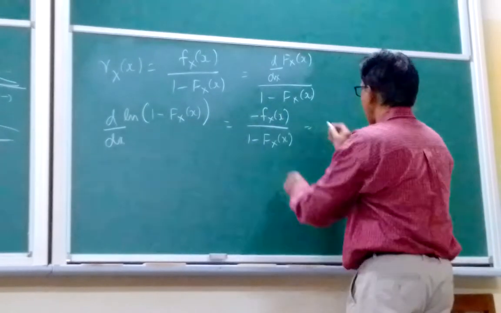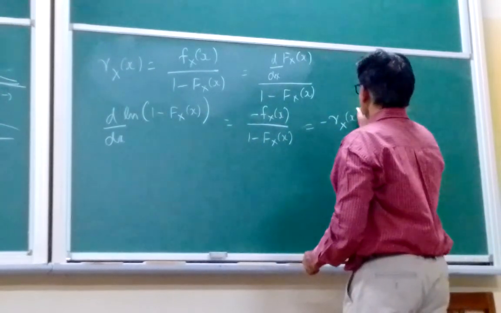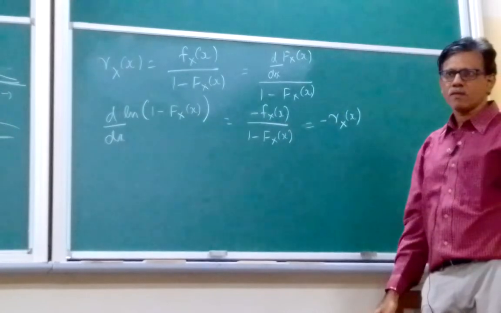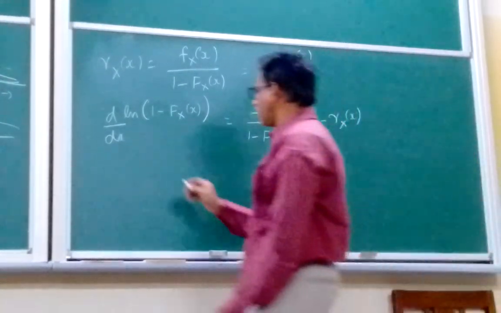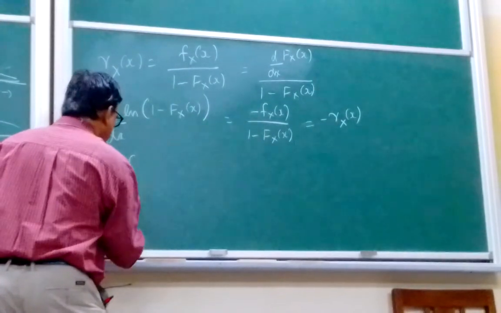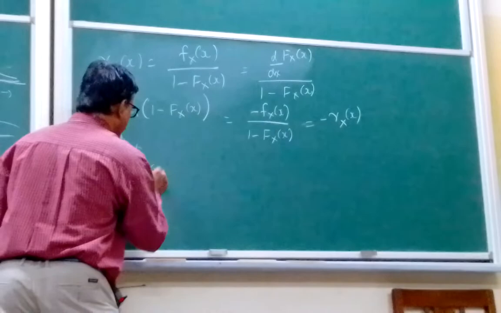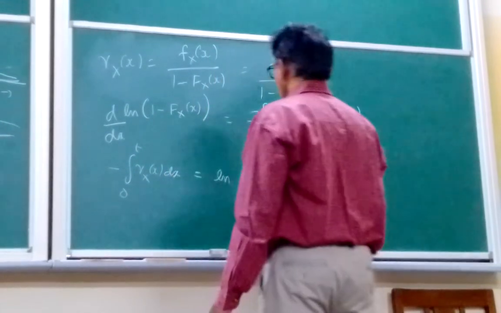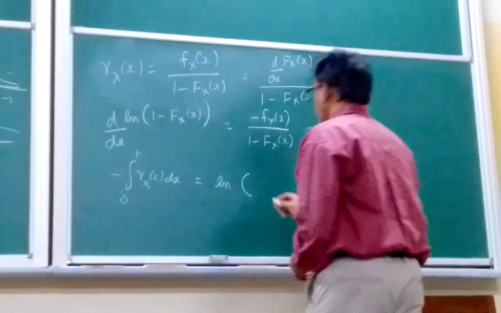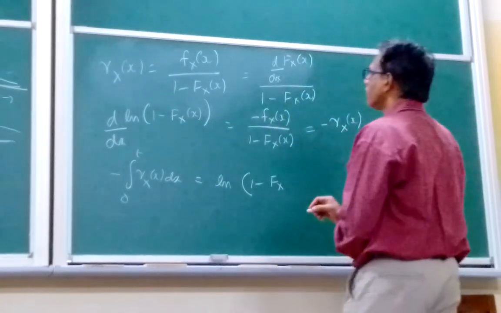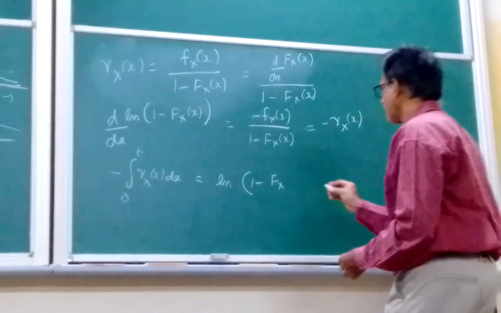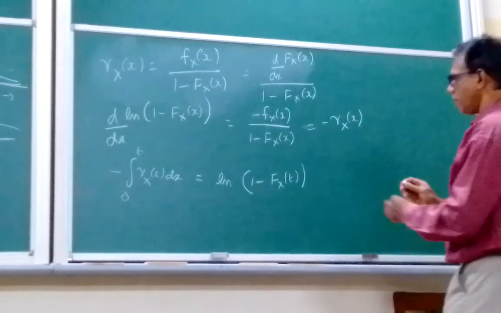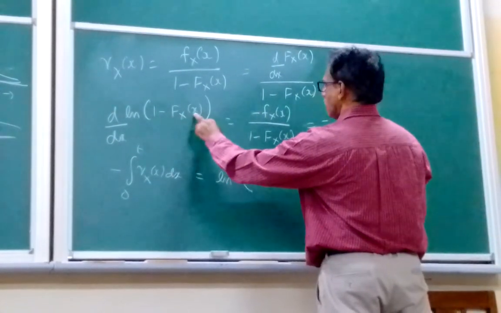So I can write it as minus Rx of x. Now if you do an integration, I will write it the other way, minus the integral from 0 to t of Rx of x dx equal to ln of 1 minus Fx of t, because I am introducing t here.